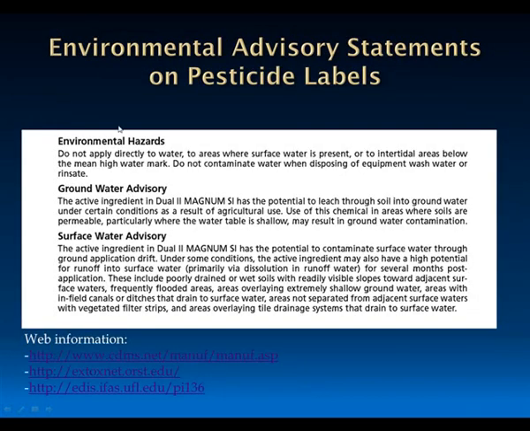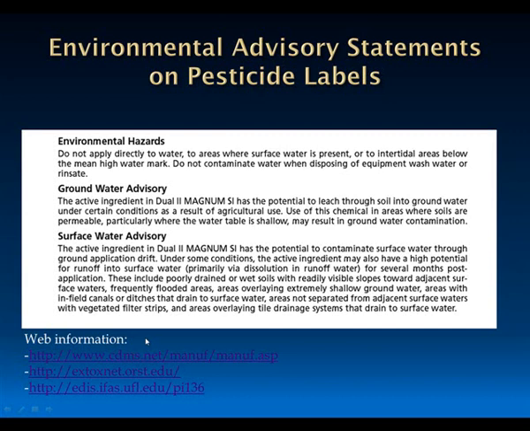So a useful thing to know about are environmental advisory statements on pesticide labels, and here's an example of one, and you can go find these at this website. It is a commercial website that has a number of manufacturers represented. You can search for a brand name of a pesticide and then look at the pesticide labels for those.